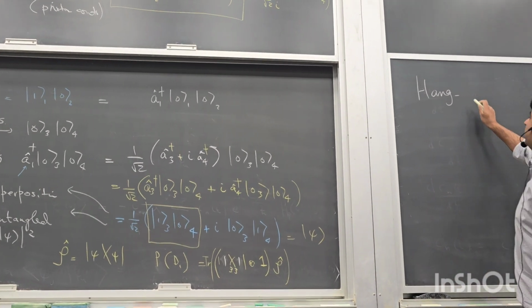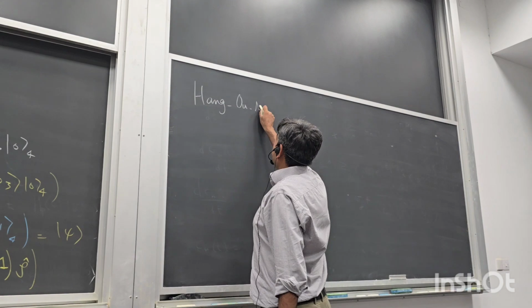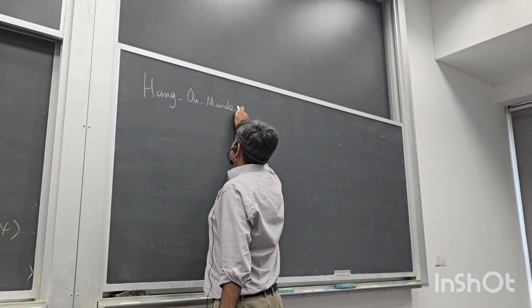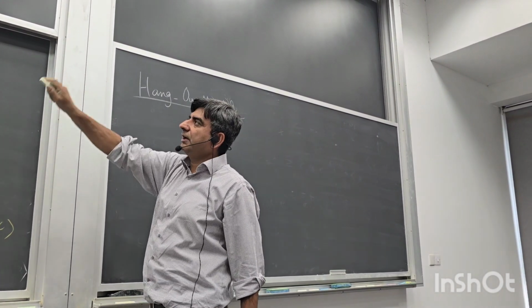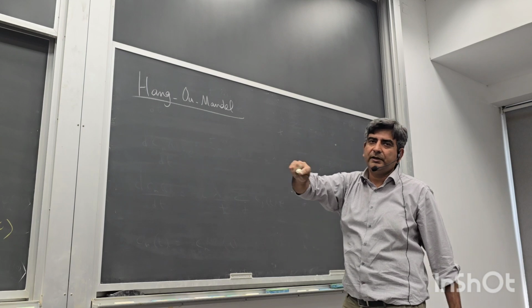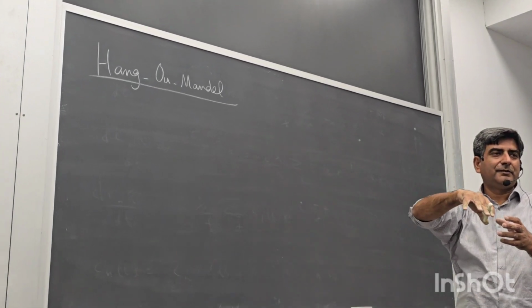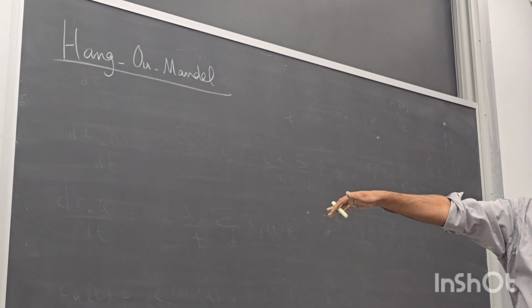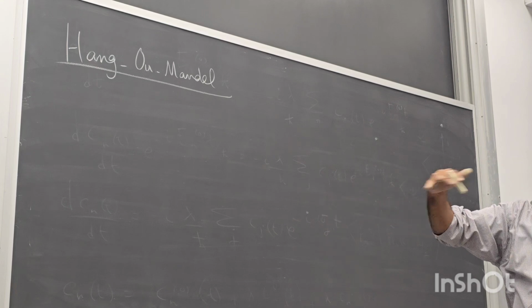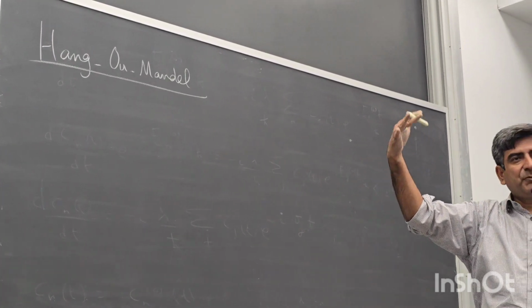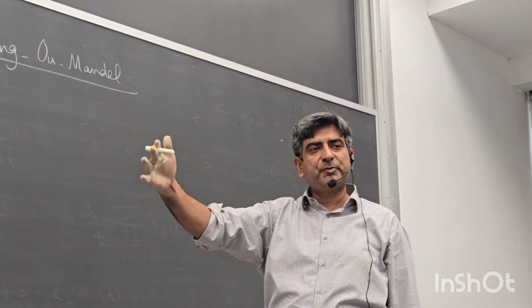Alright, so now let's look at the Hong-Ou-Mandel experiment. The experiment that we just looked at is called the Hanbury Brown-Twiss experiment, in which one photon comes in and it doesn't split up, a superposition is created. But once you do a detection, that superposition collapses.